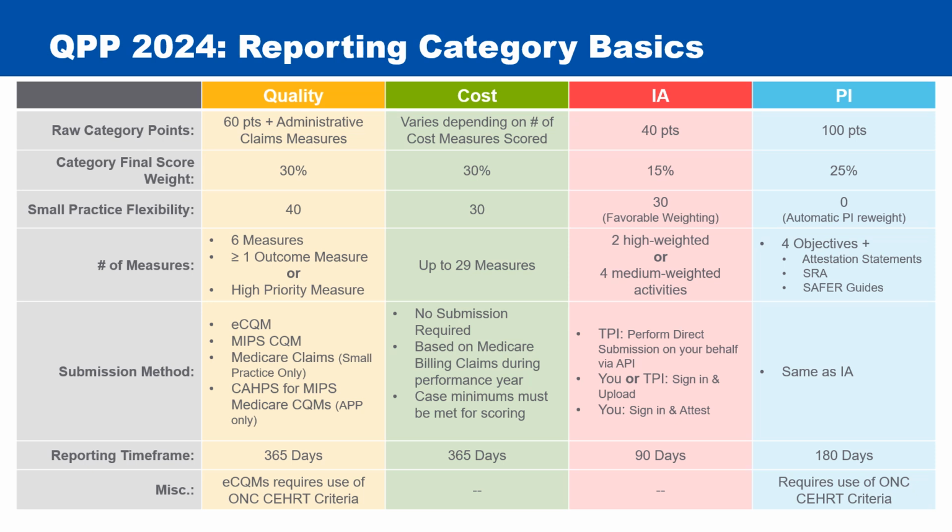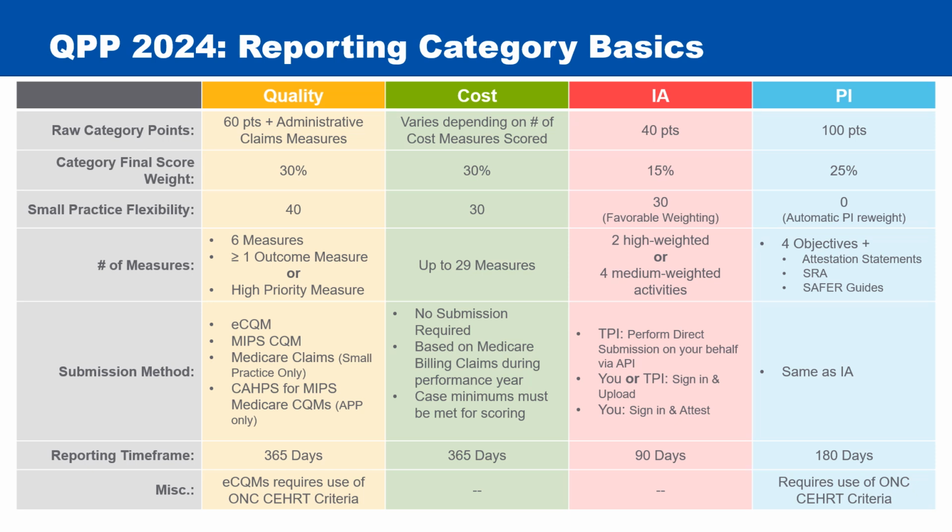And then for the promoting interoperability category, the raw category points available are 100 points. If you're a small practice, you get automatic small practice reweighting of this category. There are 4 primary objectives for this category.